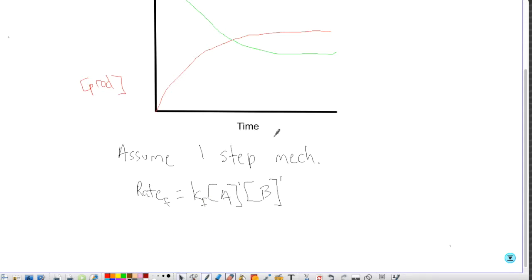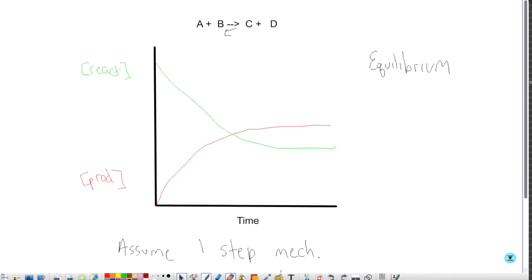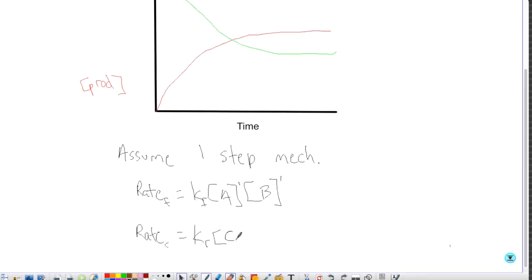The rate of the reverse reaction is just going to be rate reverse equals K reverse times the concentration of the products, which are C and D. So concentration of C to the 1 times concentration of D to the 1. You don't have to include these ones, but I'm going to include them today just to make everything a little bit more clear.